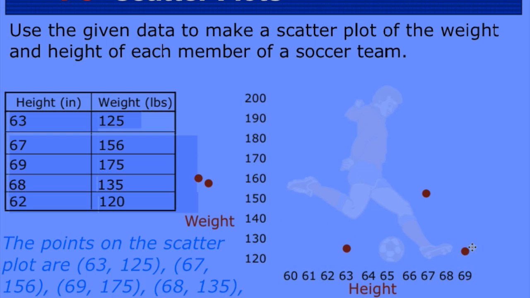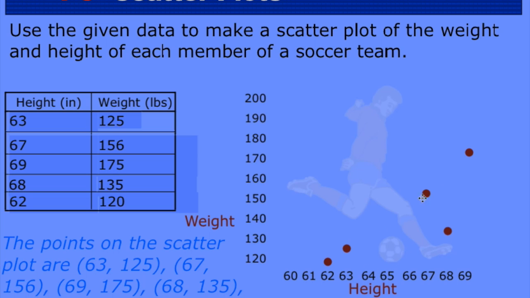Right in between 170 and 180. And we have 68 and 135, right in between 130 and 140. Lastly, we have 62 and 120, which is right there.